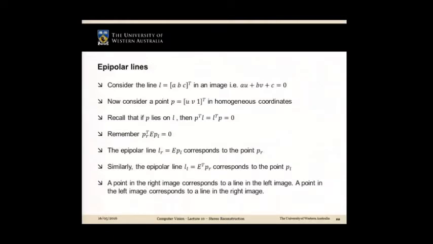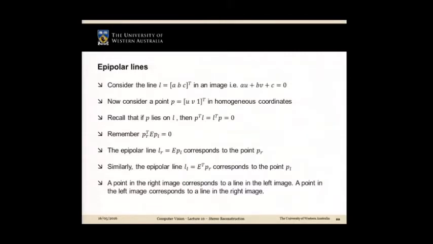Now coming to defining the epipolar lines. Consider the line L, with parameters A, B, C, in an image, and you know that the line can be written as AU plus BV plus C equal to 0. Now consider a point P equal to (U, V, 1) in homogeneous coordinates. I hope all of you remember homogeneous coordinates from the previous lecture.